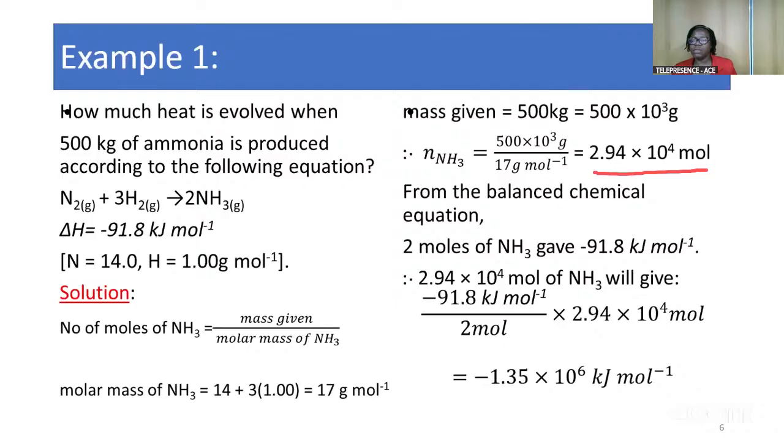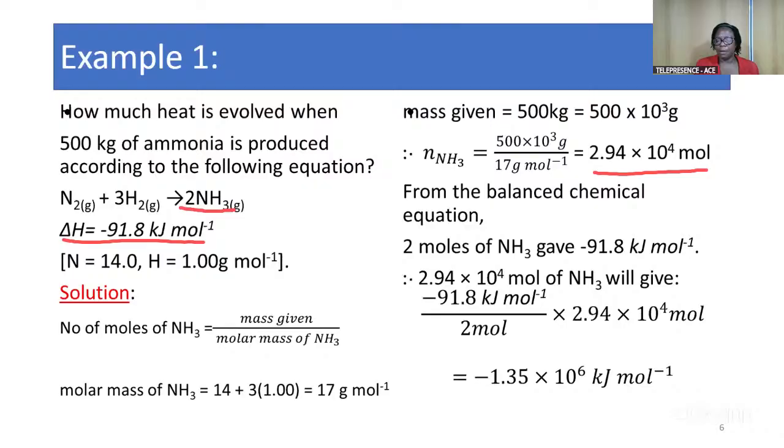So then, if this is the number of moles you have, then you have to come back to the equation and look at what you had. 2 moles evolved that amount of heat. So you have negative enthalpy that was produced. So what then will 2.94 times 10 to the power 4 mole of NH3 give?